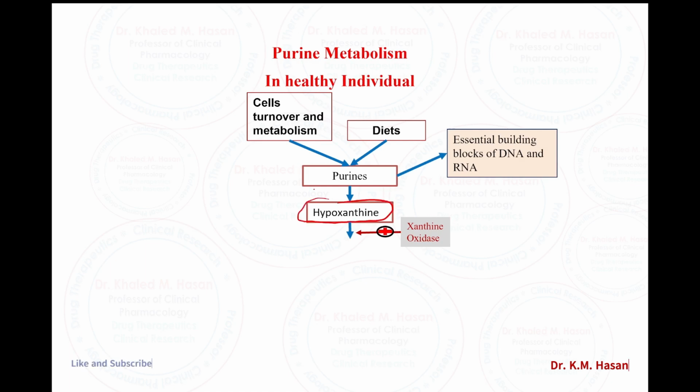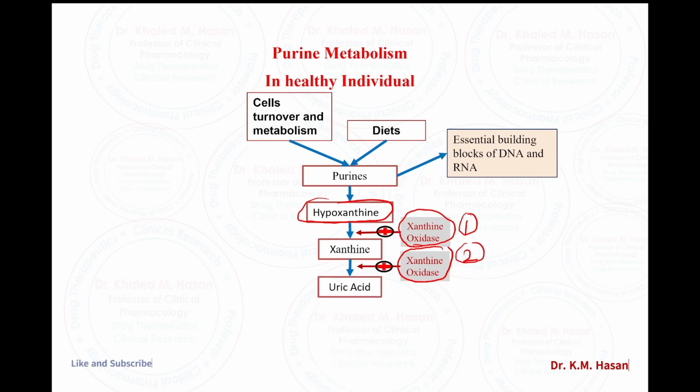hypoxanthine to xanthine. You can see this enzyme is a target for treatment. So xanthine oxidase activates the conversion of hypoxanthine to xanthine. The same enzyme is involved in the second step. So this is the first step, converting hypoxanthine to xanthine. The second step is converting xanthine to uric acid.